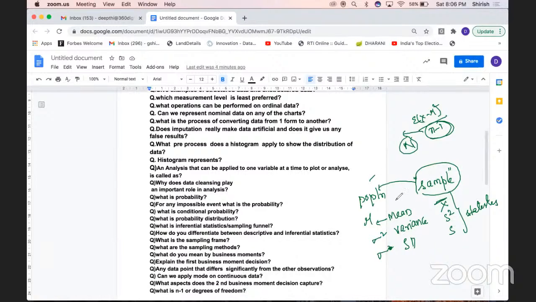That is your degrees of freedom. So you have to remember this difference.